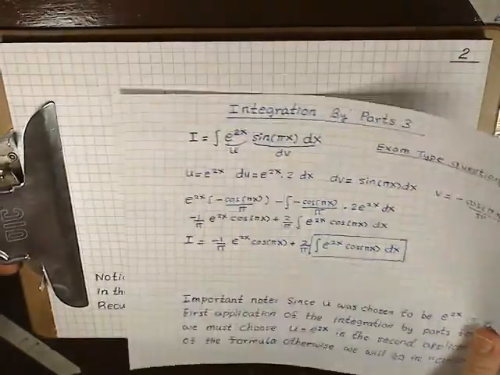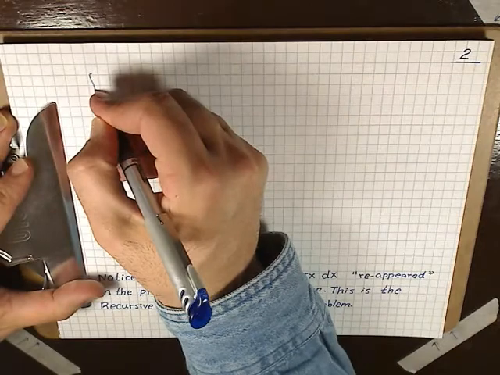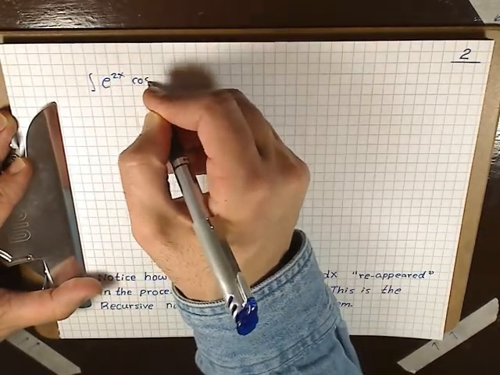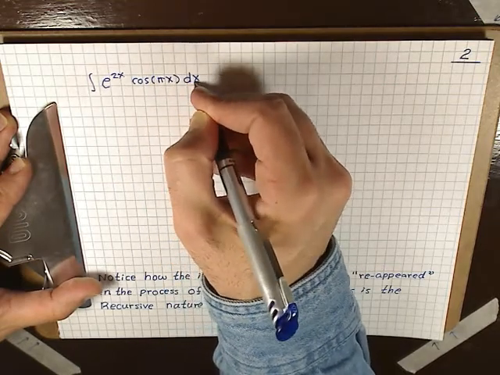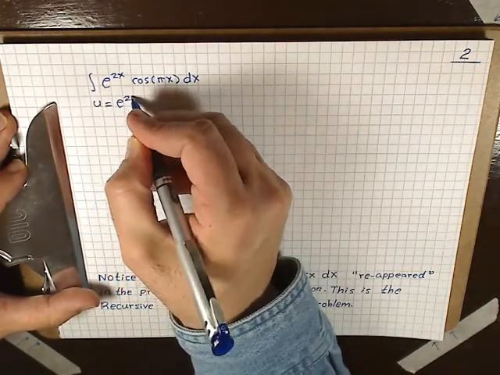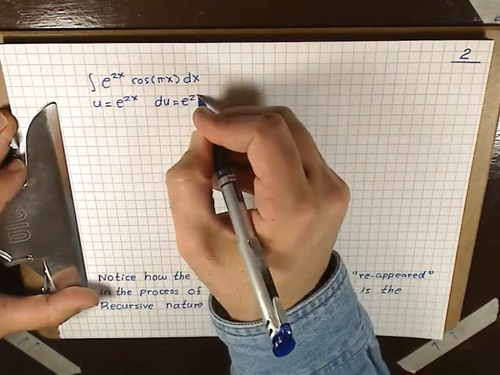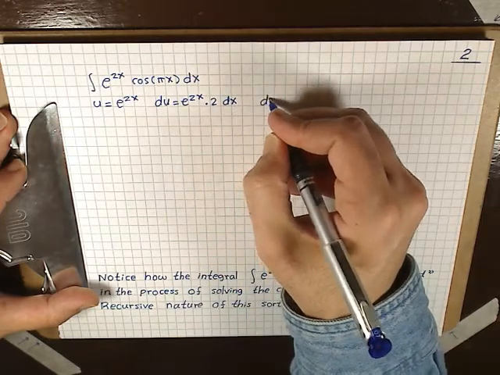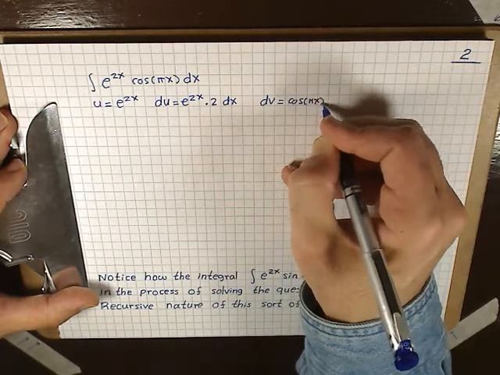Okay, let's do that. So we have the integral of e to the 2x cosine of pi x dx. Let u be equal to e to the 2x, du is equal to e to the 2x times 2 dx. dv is equal to cos pi x dx.